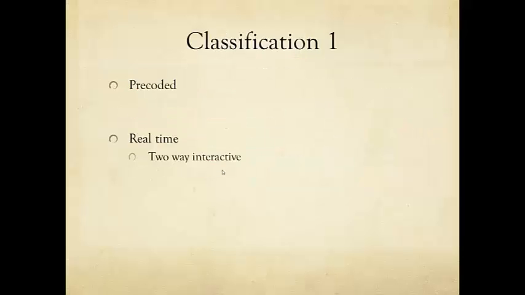We're going to walk through 4 different classifications. Each of them is essentially a binary classification, although there are some gray area hybrids in terms of the type of content and the way that it is delivered to consumers. The first classification is the difference between pre-coded and real-time video content. Some video content is generated as it happens.